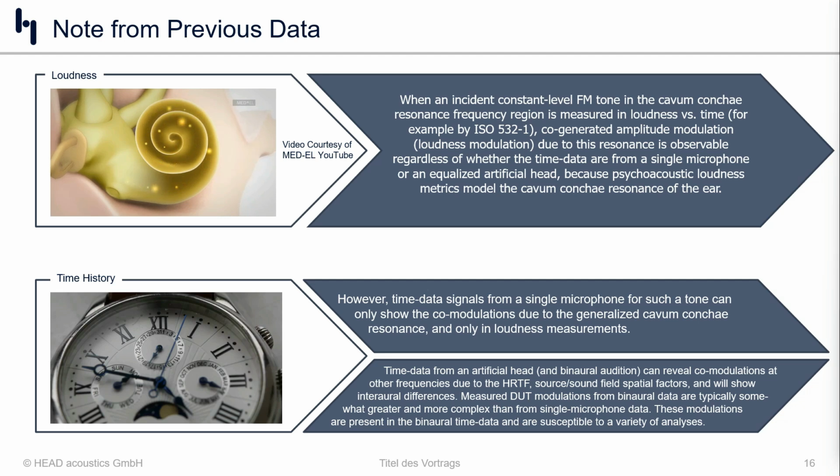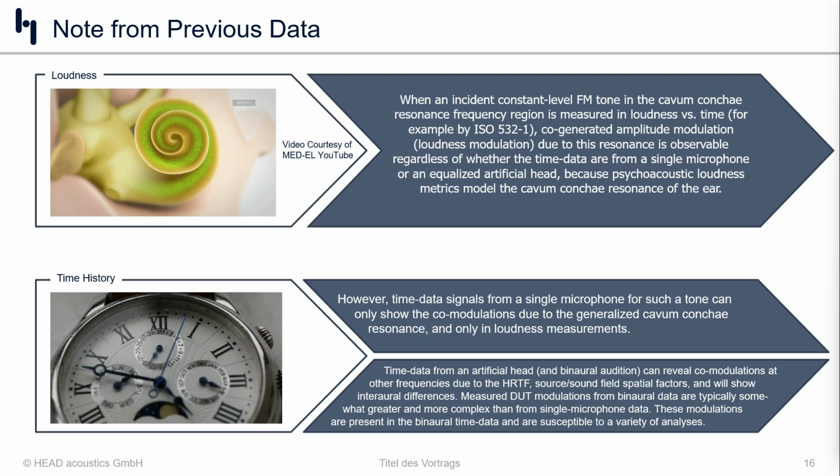Whereas the HRTF, as we already saw a couple of slides back, is much more complicated than that. And you actually get all kinds of co-generated modulations at weaker but noticeable levels from the HRTF related phenomenon. So that is built into binaural acquisition, is heard and is measurable in binaural data evaluations.